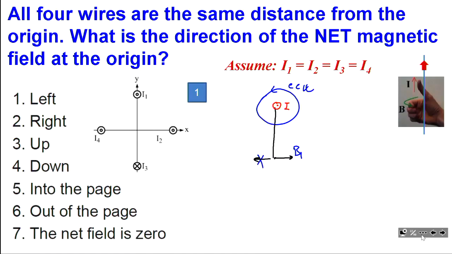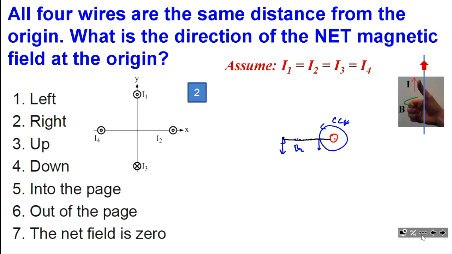Now, that's magnetic field. I'm moving electric current. If I move it to the right, magnetic field moves to the right. If I move it to the left, magnetic field moves to the left. But if I move it like this, making a turn, magnetic field has to make the same turn. They are coupled.